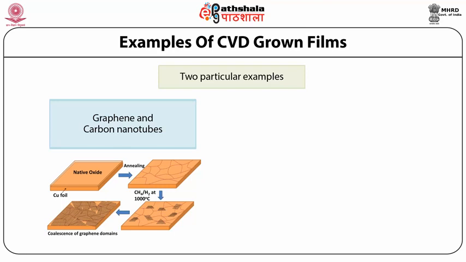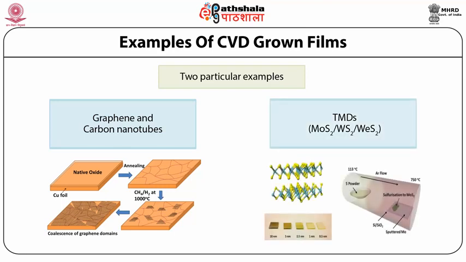On the right side we have TMDs, that is MoS2, WS2 and WSe2 monolayers, which are also evident in this figure, and they are of various thicknesses ranging from 0.5 to 10 nanometers.